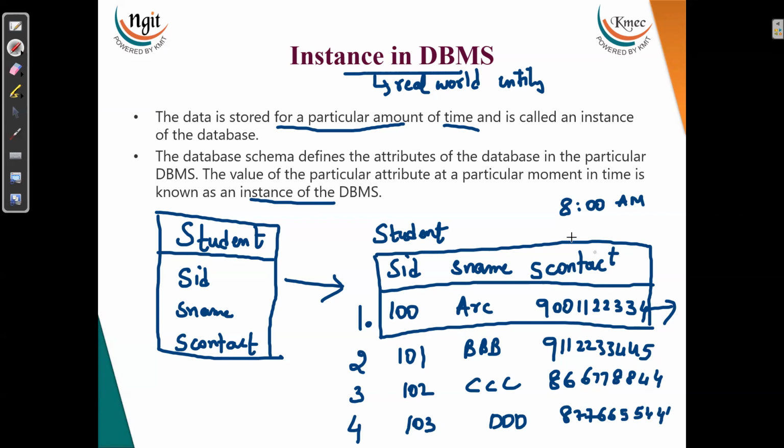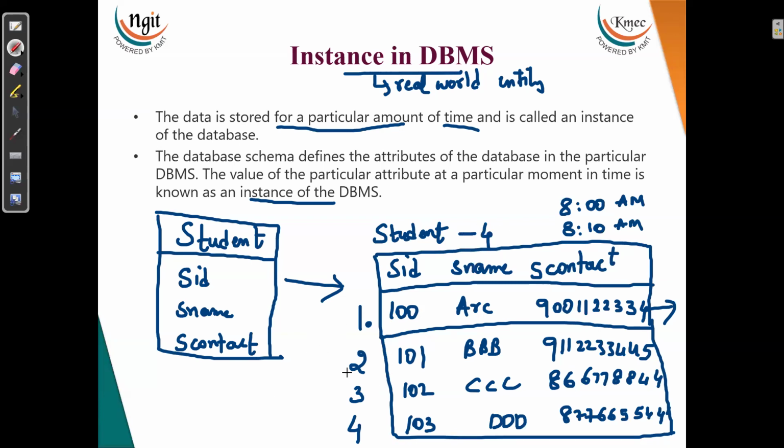Okay. So by 8:10 a.m., a few more records have been inserted into the table. Now, the instance of the student table will be 4.